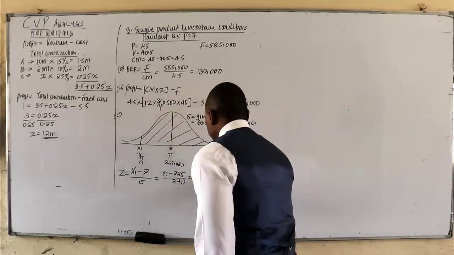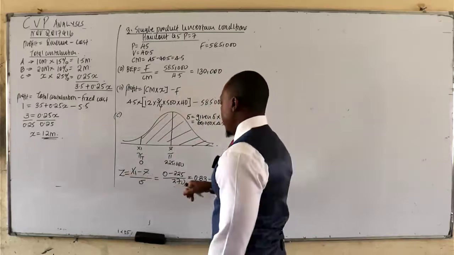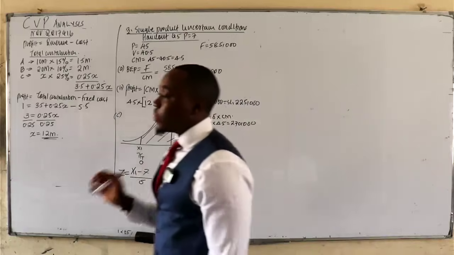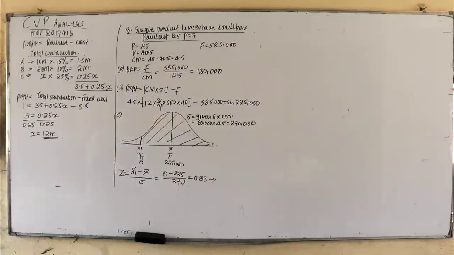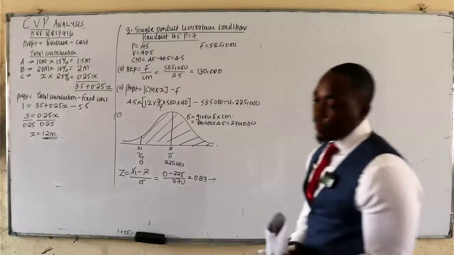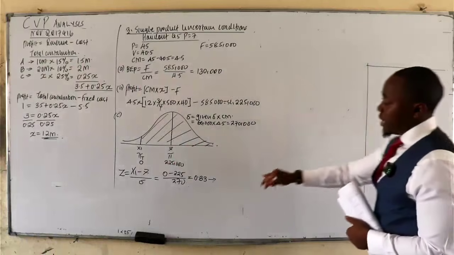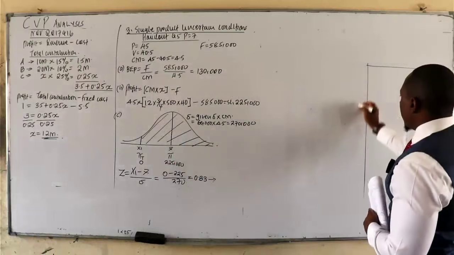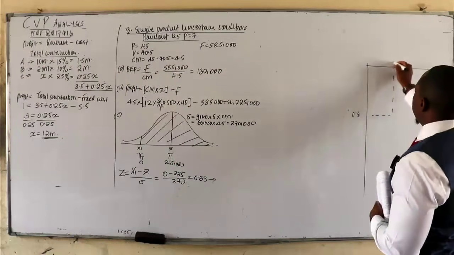Now, how do we get the probability? This is Z, so we use the normal distribution table. Use your past paper; there is a normal distribution table. For 0.83, you go where you have 0.8, then where we have 3.